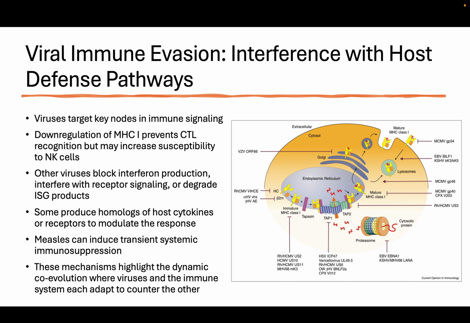They can stop this by stopping the production of it, or by degrading their receptors or the signaling, or by degrading the ISGs, the interferon-stimulated gene products. They can also produce these virokines, these homologs of host cytokines, that stop cytokines from binding to the proper receptor. So there are many different ways that we spoke about how viruses can evade your immune system.